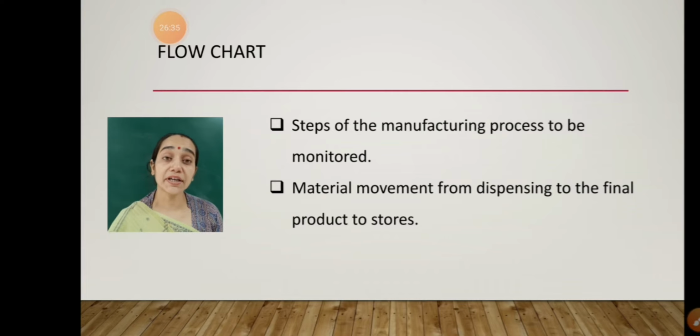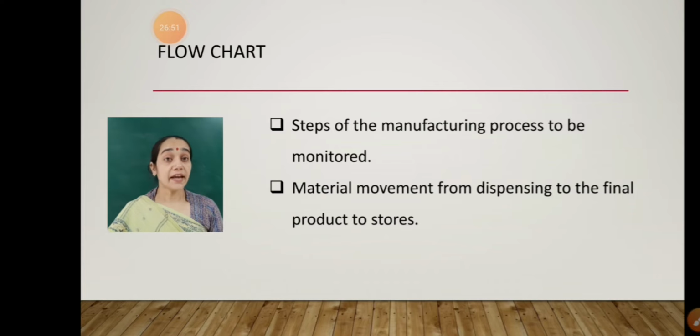Now all these steps which are going on in the production of direct compression tablets are monitored. So all the processes will be given in a flowchart manner, and the monitoring steps will be specified. Our master formula record will contain these kinds of flowcharts, and this is a mandatory requirement.